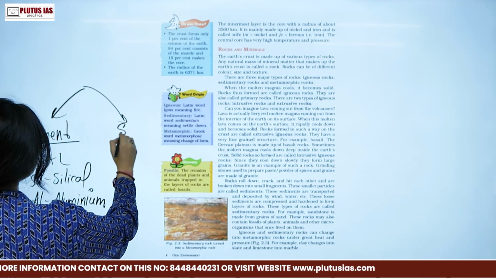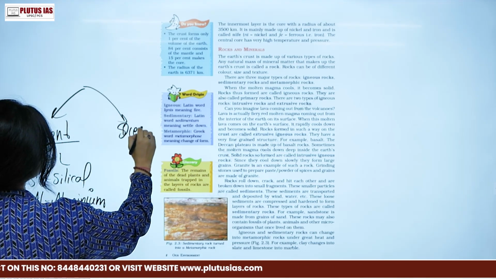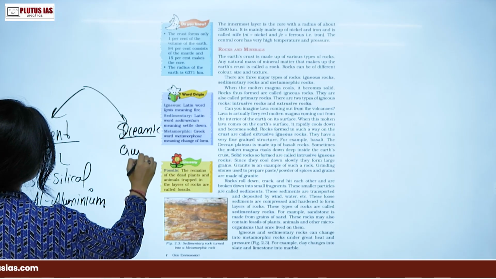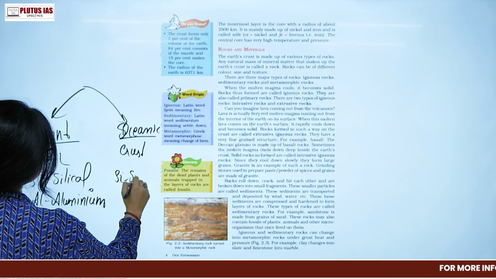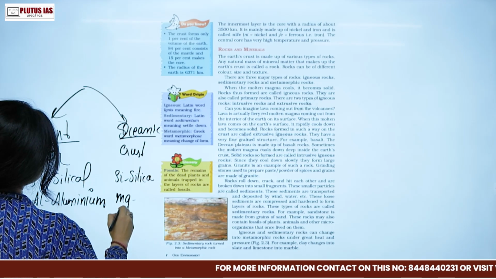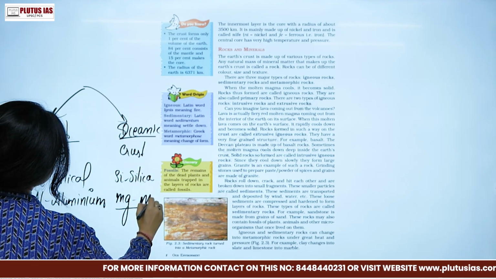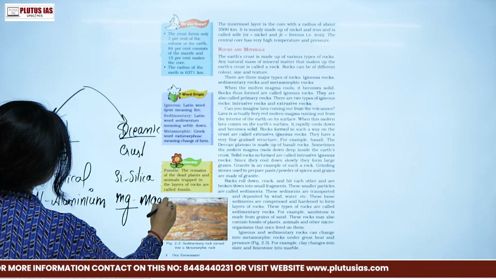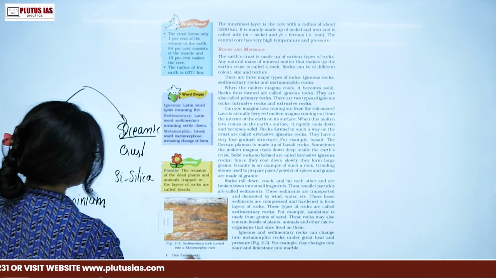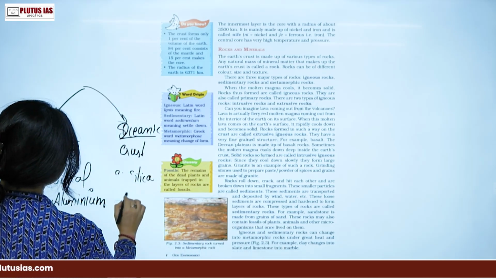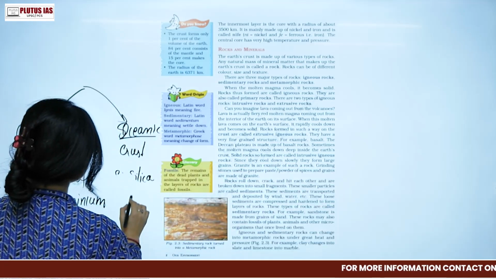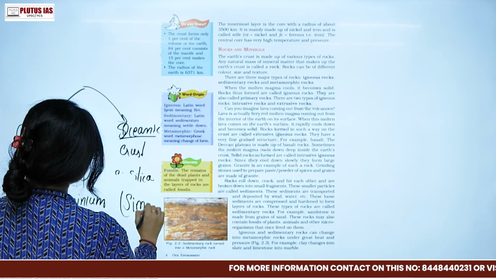And what about Sima? Your oceanic crust is made up of Sima, where Si represents silica and Ma represents magnesium.